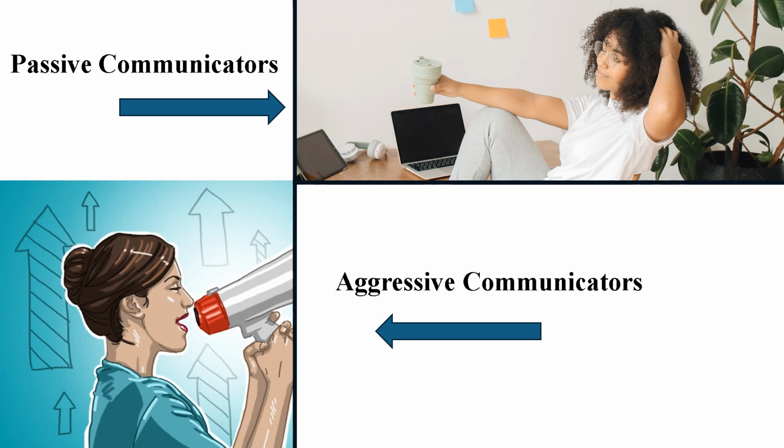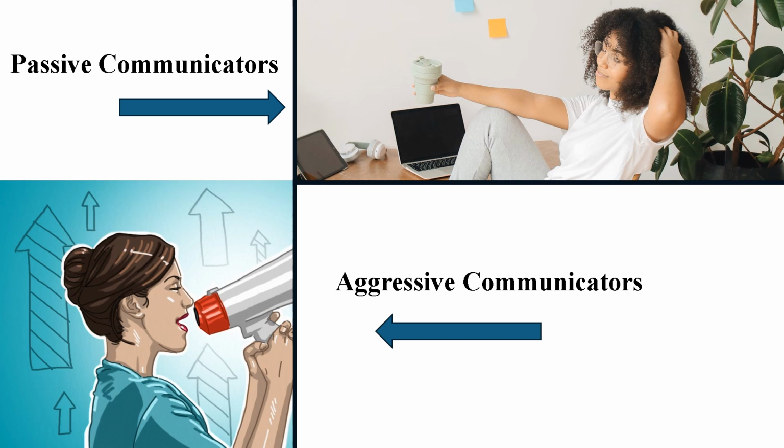And so sometimes it could be at the expense of others, and aggressive communicators can lead to conflict, intimidation, strain on the relationship. And there could definitely be a strain on the relationship between the passive communicator and the aggressive communicator. And in between the passive communicator and the aggressive communicator, we need to find a balance for effective communication.